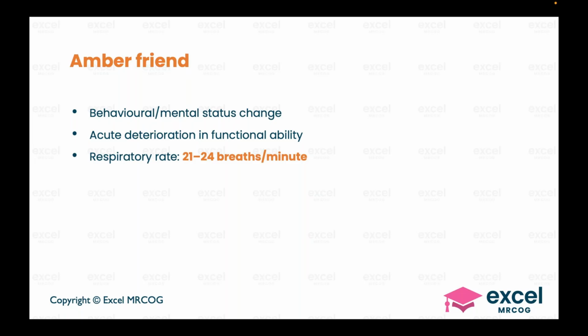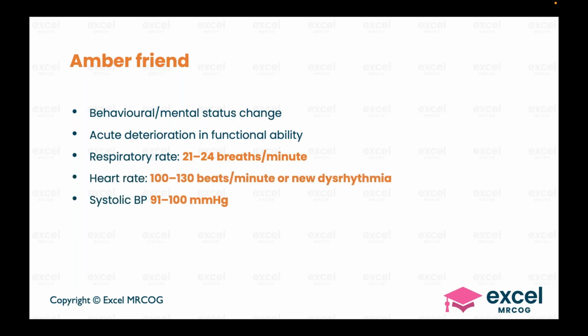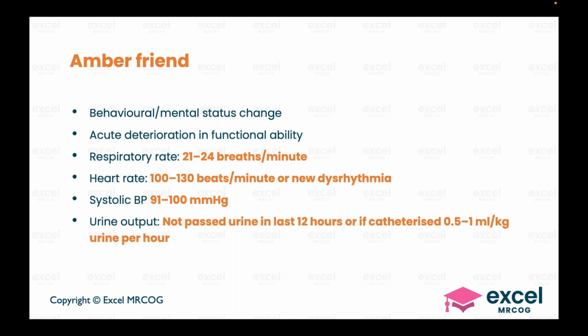Respiratory rate, there it was 25 and more, here it is 21 to 24. Heart rate is 100 to 130. Systolic BP, there it was less than 90, here it is 91 to 100. Urine output not passed in the last 12 hours, or if catheterized, somewhere in between 0.5 to 1 ml per kg per hour.